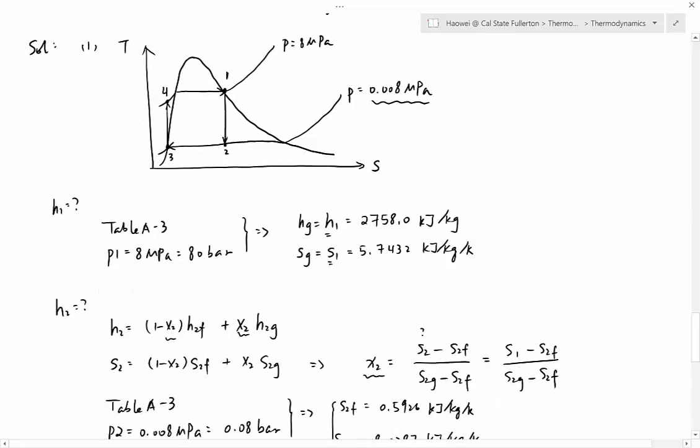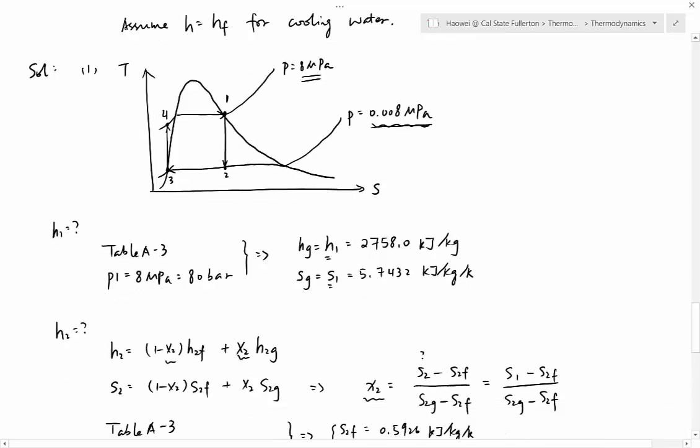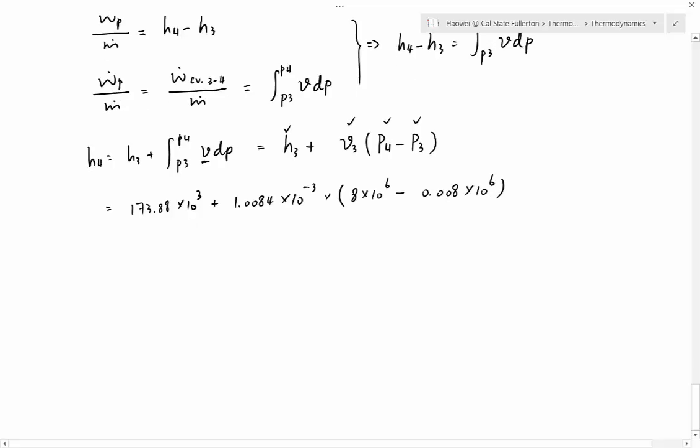Number 4 is on which line? Number 4 is on 8 megapascal line. And what is P3? P3 is on this line, 0.008 megapascal. And convert megapascal to pascal. So that's 8 times 10 to the 6, and 0.008 times 10 to the 6. Mega means 10 to the 6.